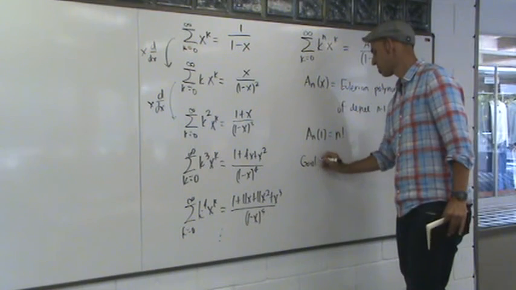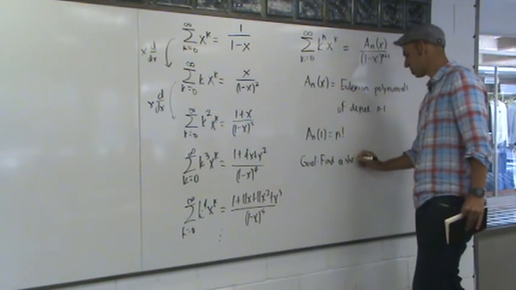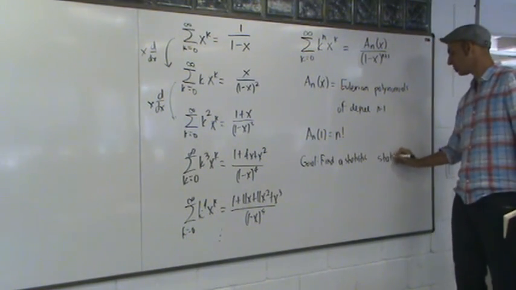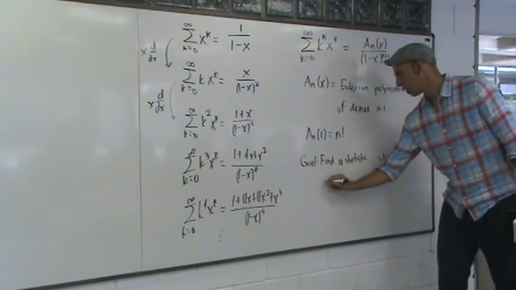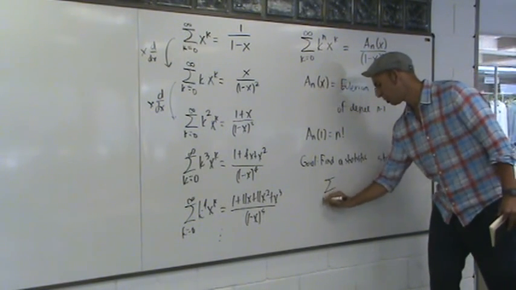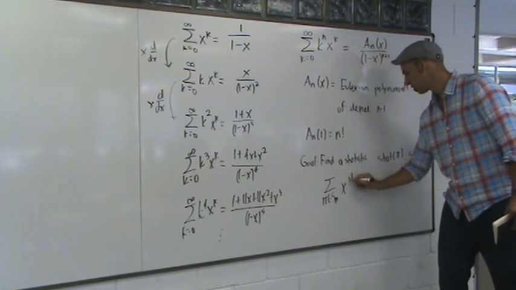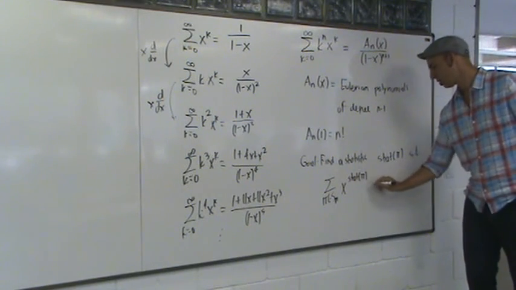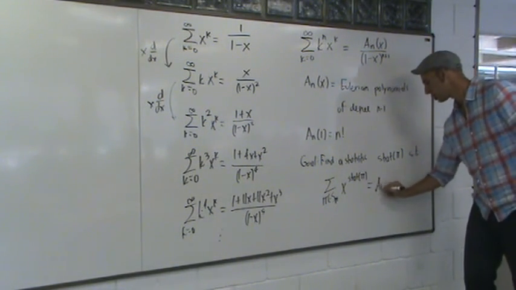And so that's our goal here, to find a statistic on permutations. And maybe, because we don't know where it's going to be, let me just call it stat of pi, such that if I sum over the permutations in Sn of x to the statistic, I get my Eulerian polynomial.